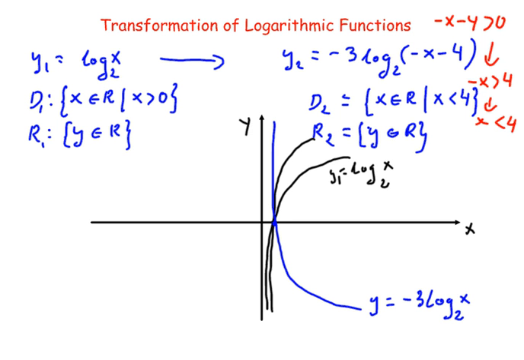Now I want my transformed function to be slightly rewritten in the following format. So y2 will be negative 3 log to base 2, and I'm going to take out the negative sign, so you have negative in front, square brackets, and then x plus 4, square brackets. This is something that we will be paying attention to, the function written in that format.